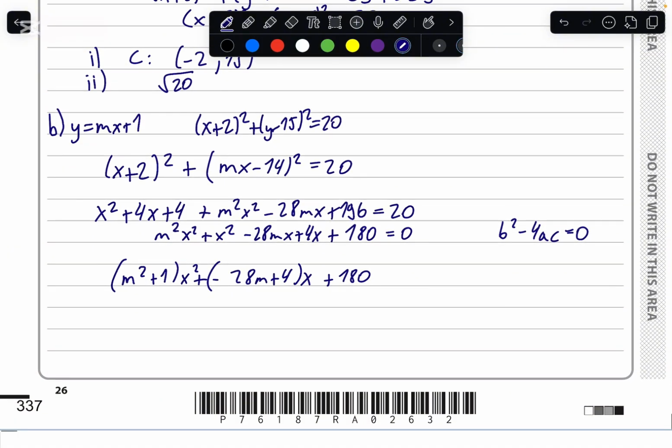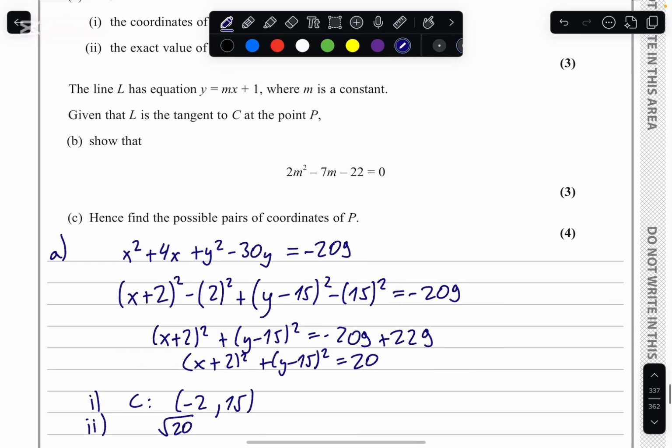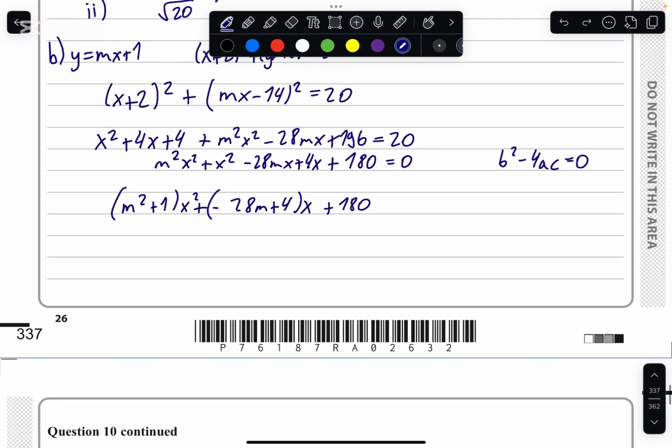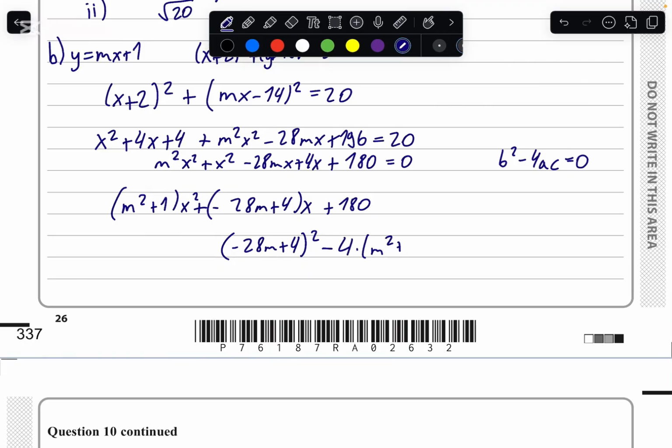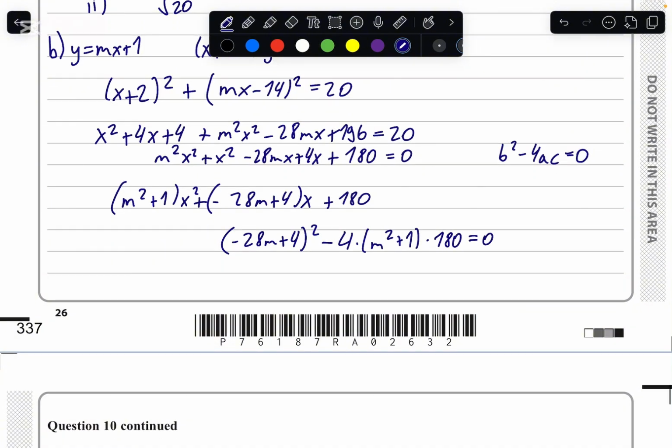And if we put that in, we can show this equation here. So this is the b squared, minus 4 times a, which is m squared plus 1, times 180, equal to 0.